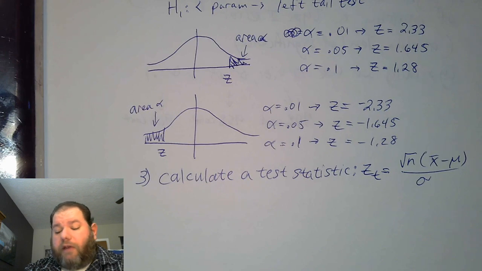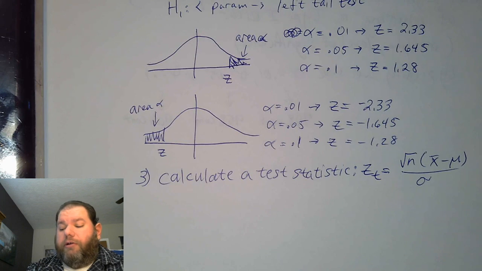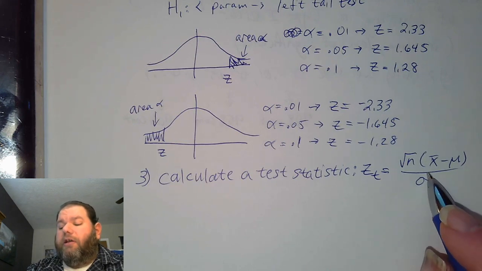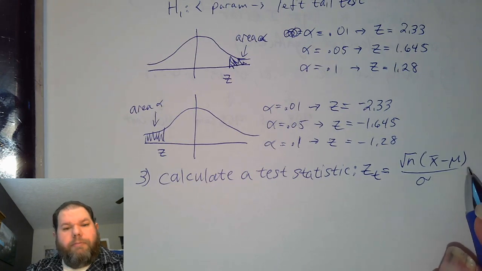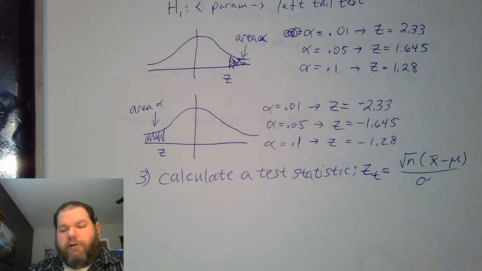Notice that we have the same formula that we were using back in chapter 8 for z-scores when we have a sample size. So certainly sample size n is going to play a role here, as well as our sample mean. And then we also use our population mean and our population standard deviation.